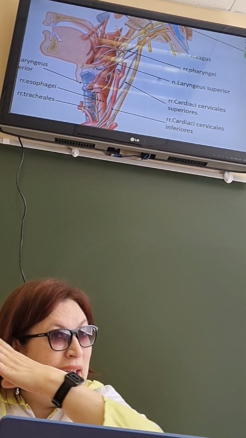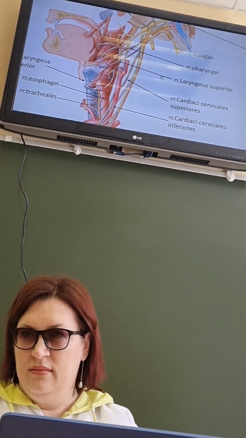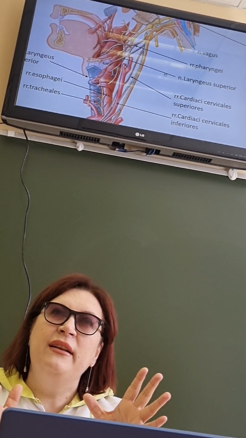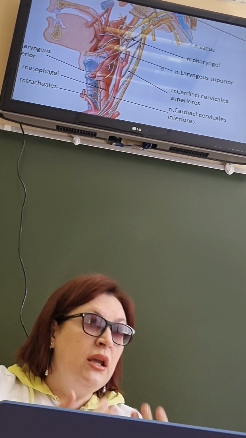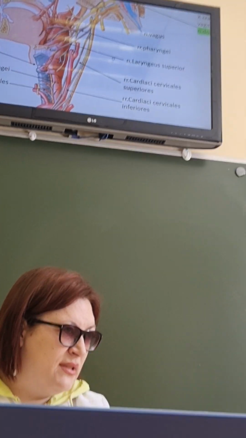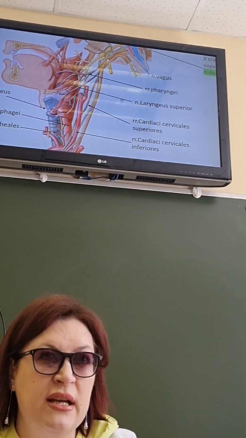And we can see just the preganglionar pathway there, preganglionar fibers, because the intramural ganglion is an intra-organ ganglion, and postganglionar fibers are located in the organs and form the same plexuses.